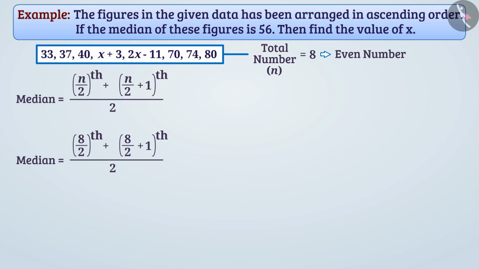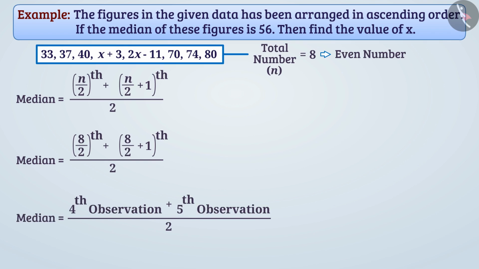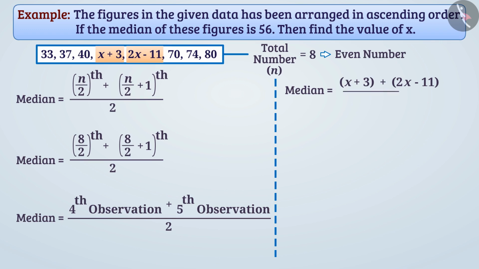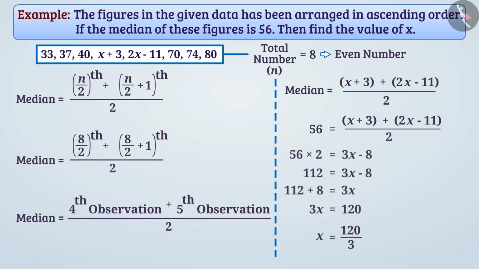Therefore, here the mean of the 4th and 5th observations is the median. Here, the 4th observation is x plus 3 and the 5th is 2x minus 11. Therefore, the median is equal to x plus 3 plus 2x minus 11, divided by 2. From the question, it is known that the median is 56. Therefore, we can write this and simplify it, and we get a value of x as 40.